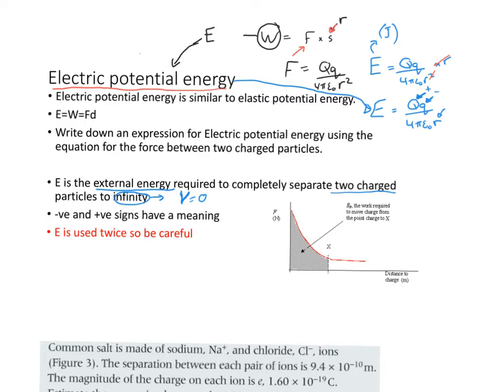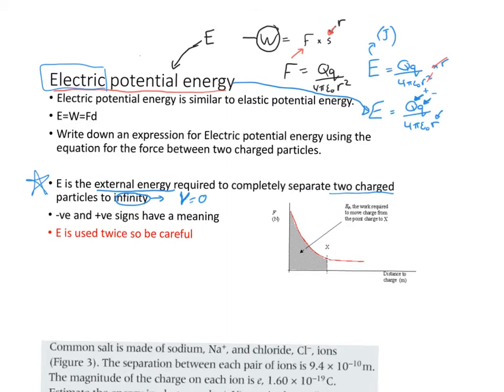If the electric potential energy is negative, that means that you will require external energy to completely separate the charges. And if it's positive, it means that the energy is given out when they push away from each other to be separated to infinity. So the definition is important. Also separating the symbol E is important too.